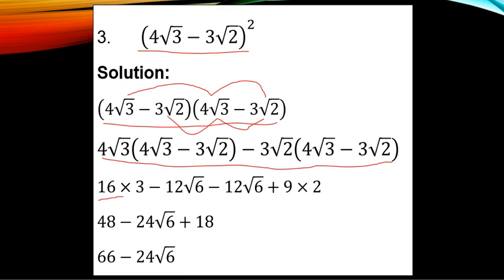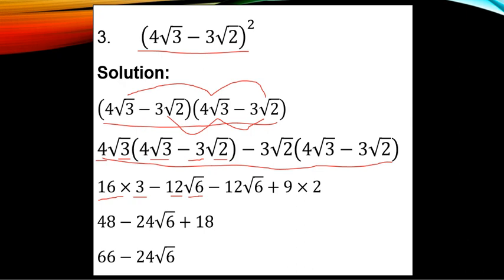Now root 3 times root 3 is root 9, and root 9 is 3. Then you use the same term that is outside now times the second term, where you have 4 times 3 is 12. Then root 3 times root 2 is root 6.